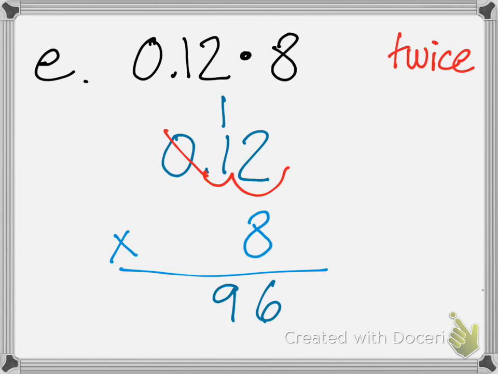Does that make sense? No. But how many times do we move the decimal point back? What do we do, Elsie? We moved it 2 times, so we put it 1, 2. So we get our answer to be 0.96.